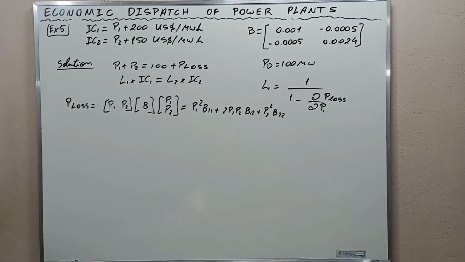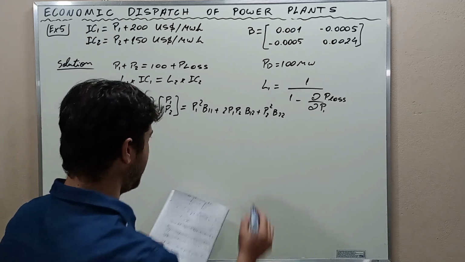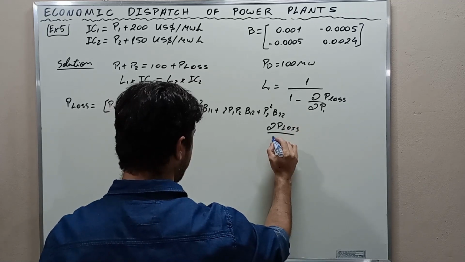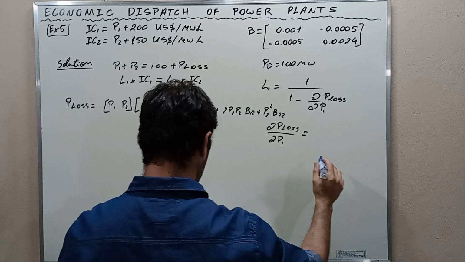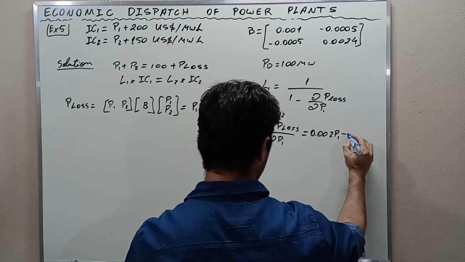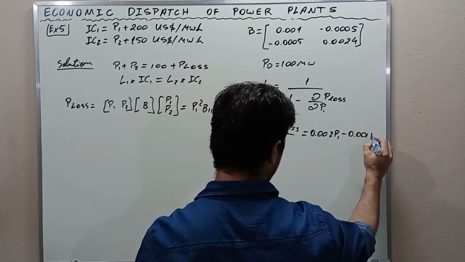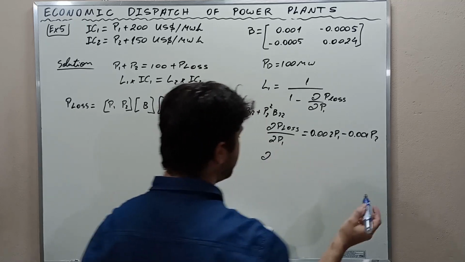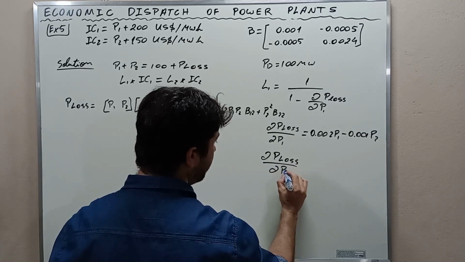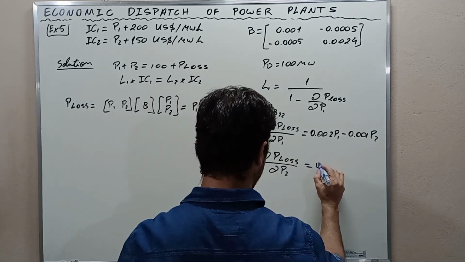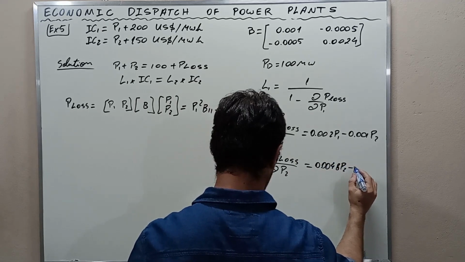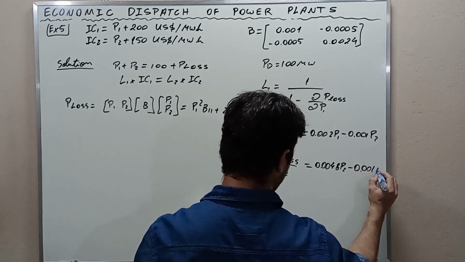And when we take the derivative, we find that the derivative of P loss with respect to P1 is equal to 0.002 P1 minus 0.001 P2, and the partial derivative of the losses with respect to P2 will be equal to 0.0048 P2 minus 0.001 P1.